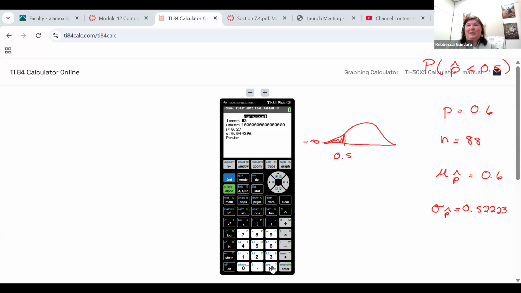Let's try that one more time: -1 followed by several zeros. My upper boundary of that area is going to stop at 0.5. The mean of this distribution is 0.6. The standard deviation is, there's a zero missing here. That standard deviation was a little too high. 0.05223.